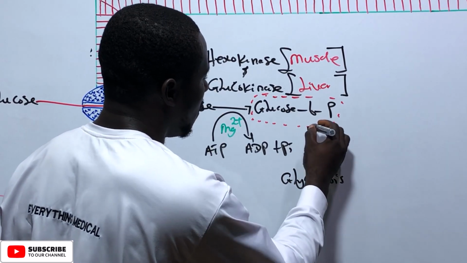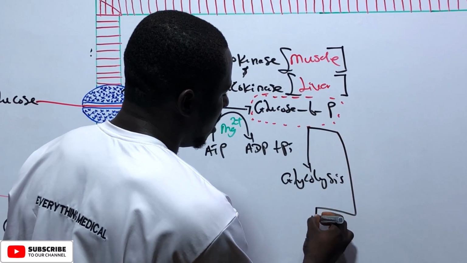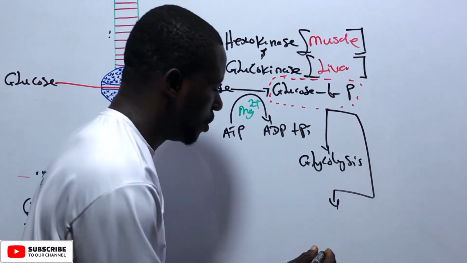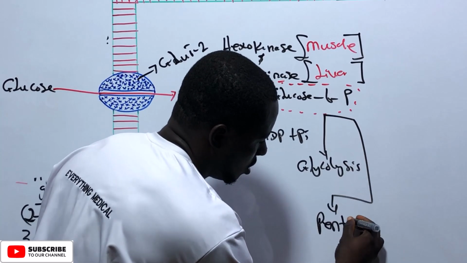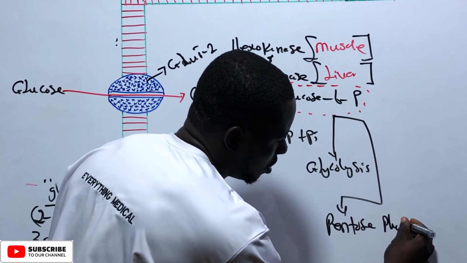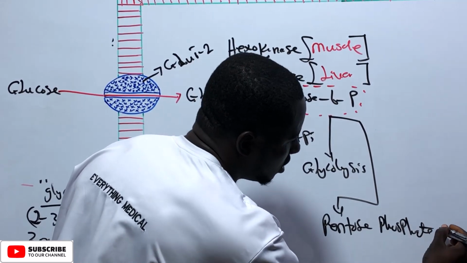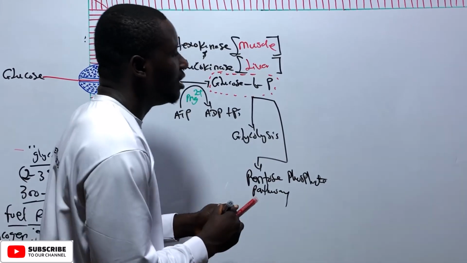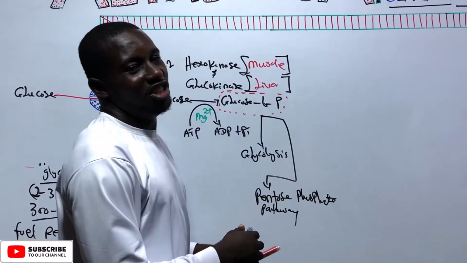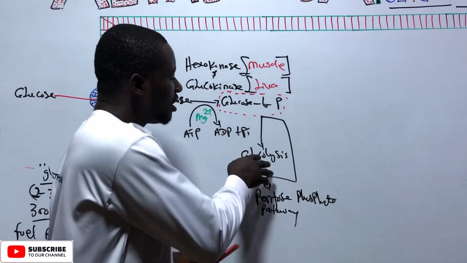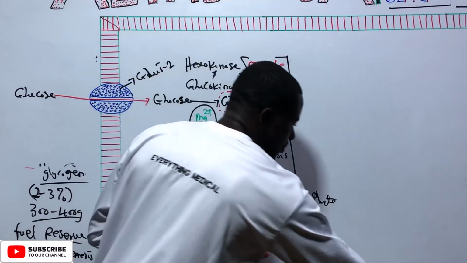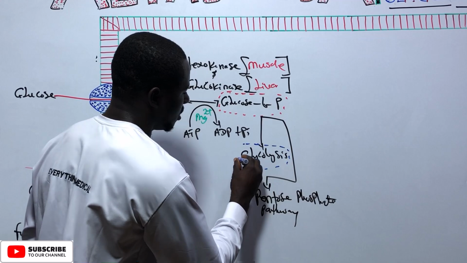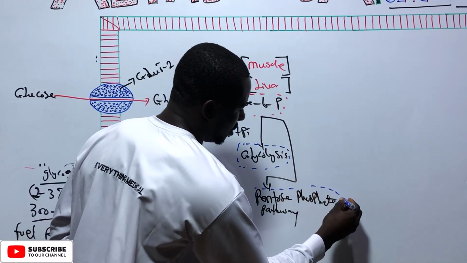It as well enters the HMP shunt or the pentose phosphate pathway. And it enters what we call glycogenesis, which is what we are treating today. So these are the fates of glucose 6-phosphate.